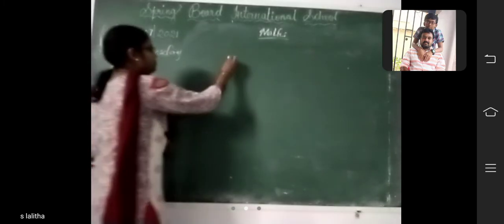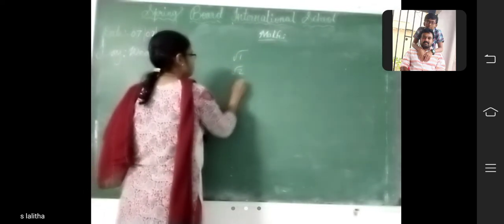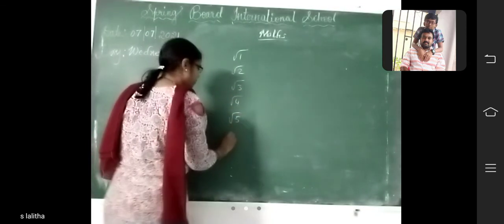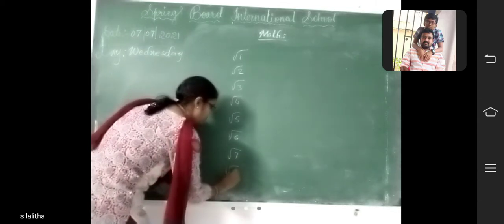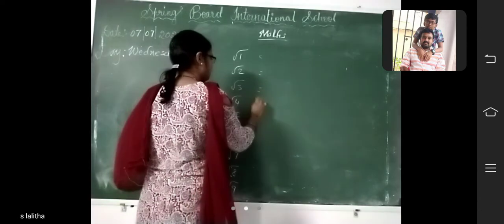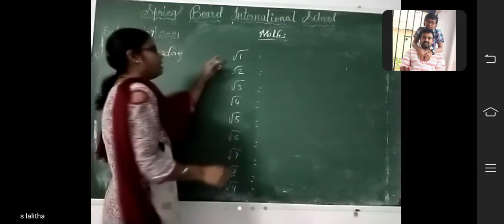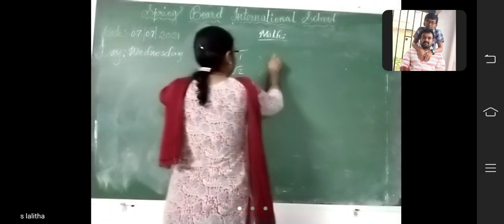Observe this, children. Root 1, root 2, root 3, root 4, root 5, root 6, root 7, root 8, root 9. Square root of 1, what is its value? Plus or minus 1.